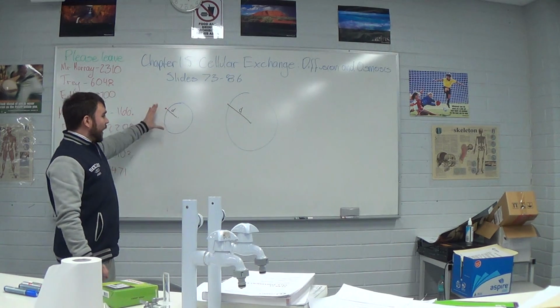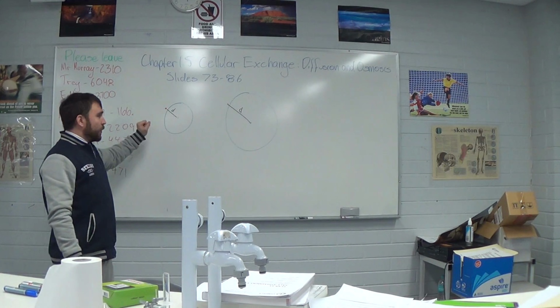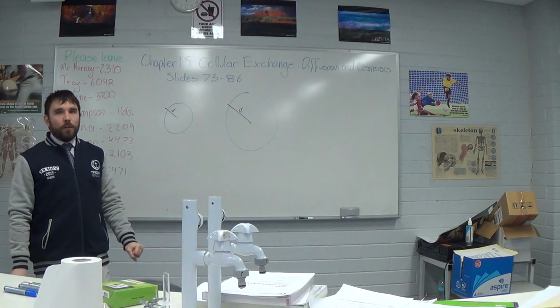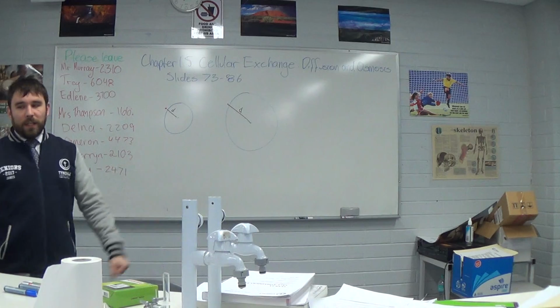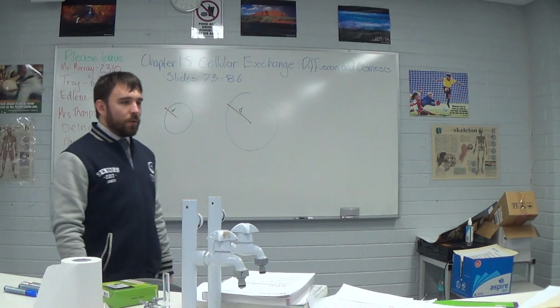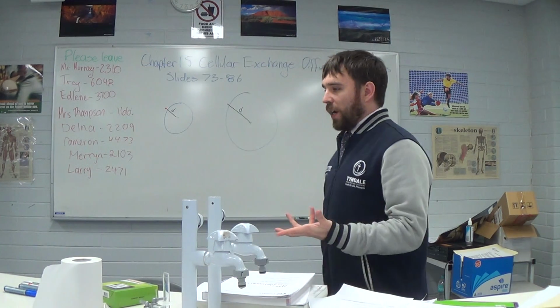Now, this has meant that from an evolutionary perspective, smaller cells are selected for. Smaller cells are more likely to survive. As the cell size increases, the rate of exchange decreases.